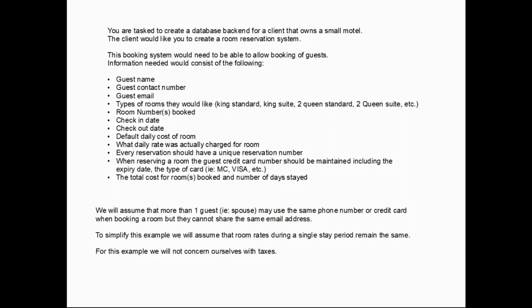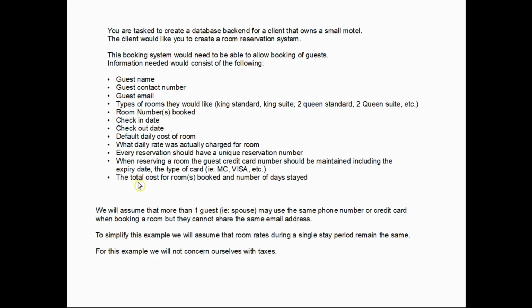This would say you pay $100 a night all the way through your stay, okay? Just to make things a little easier for us. And then for this example, we will not concern ourselves with taxes, okay? So make sure you understand all that.